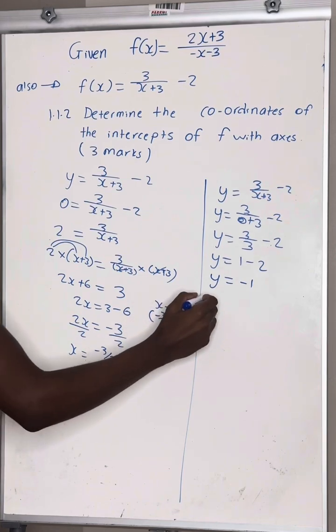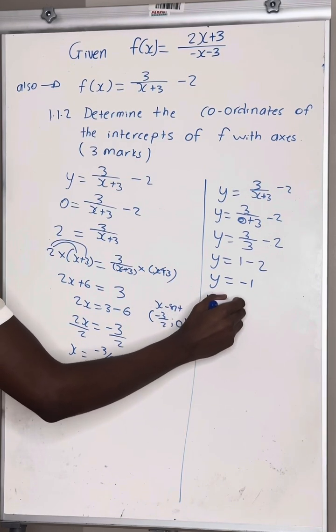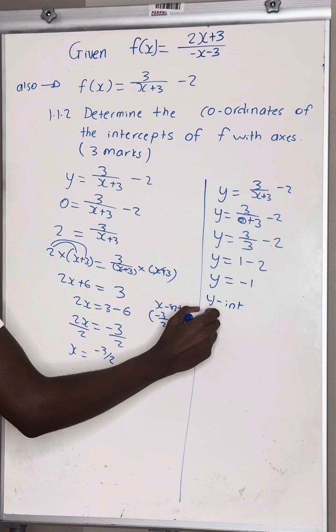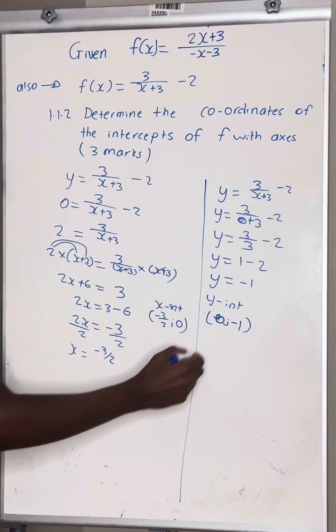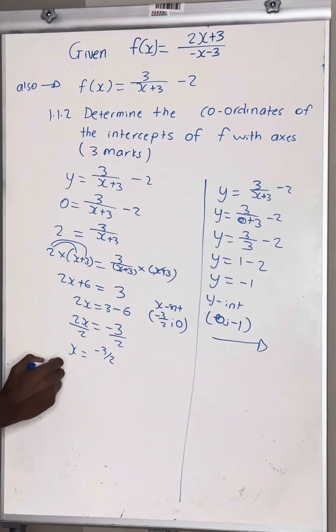So we have found the y-intercept. So the coordinates for the y-intercept are 0 and negative 1. And then you are done.